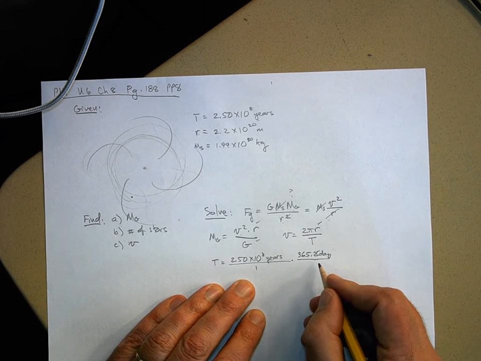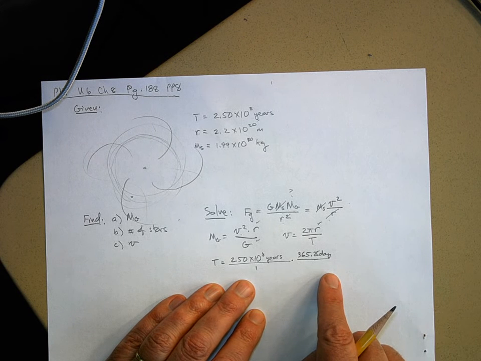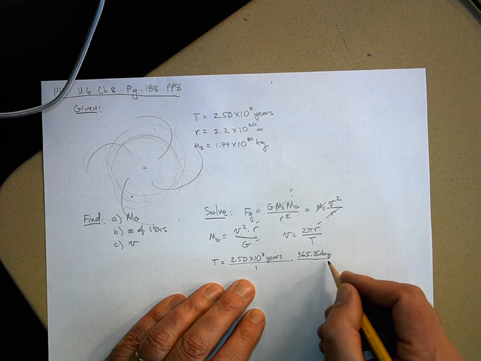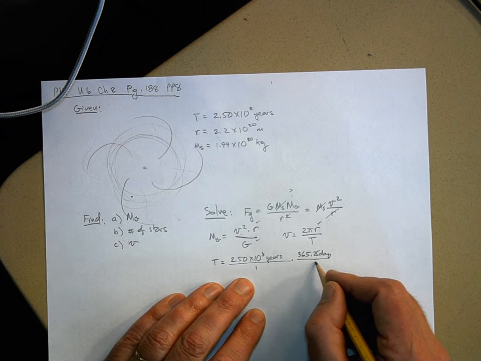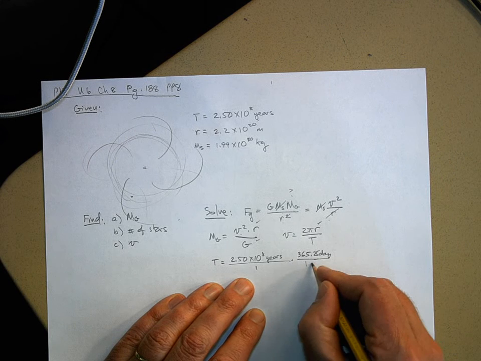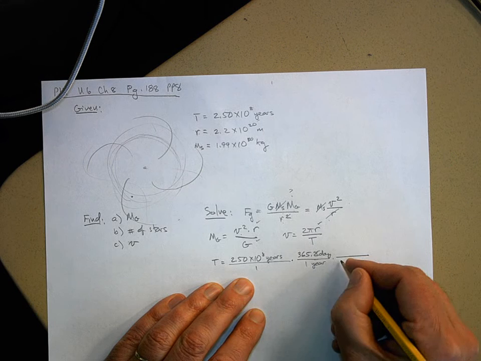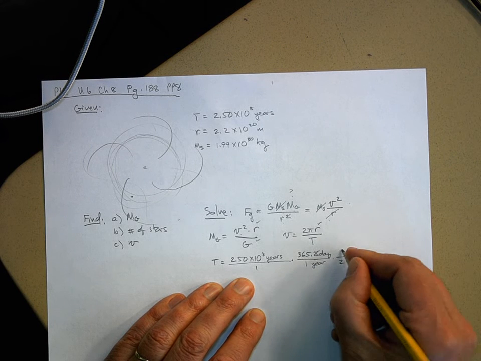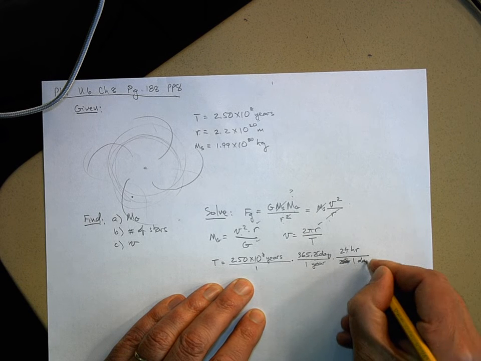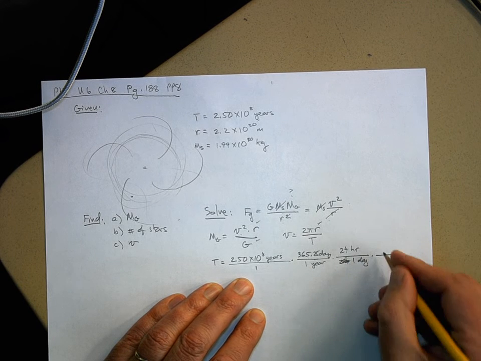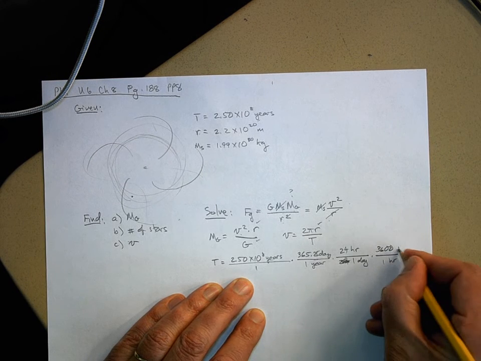Why the 0.25? Because of a leap year, on average, right? We have a leap year coming up next month, actually. It's leap day. There are 24 hours in 1 day, and in 1 hour, there are 3,600 seconds.